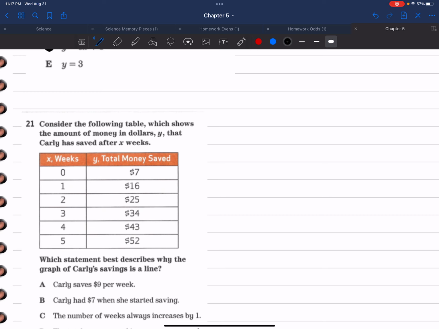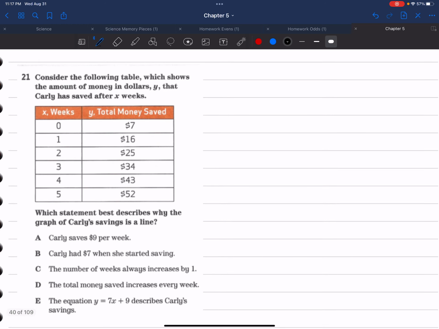Which statement best describes why the graph of Carly's savings is a line? I'm going to, what am I going to do? How do I explain this?